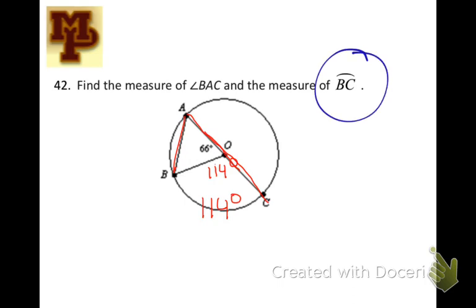I already found the measure of BC, so that's 114, and the measure of angle BAC is 57. It's always 1/2. Inscribed angles are 1/2 of the arc measure that they intercept.